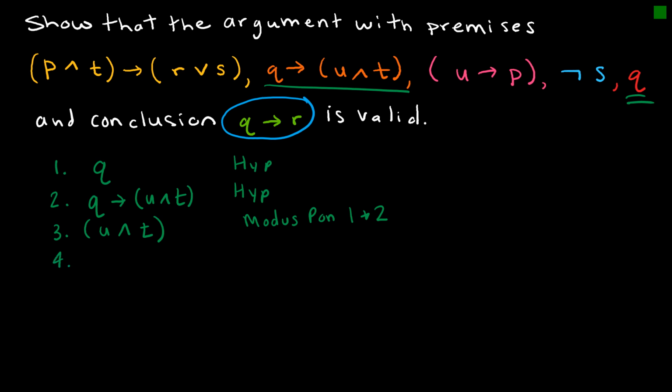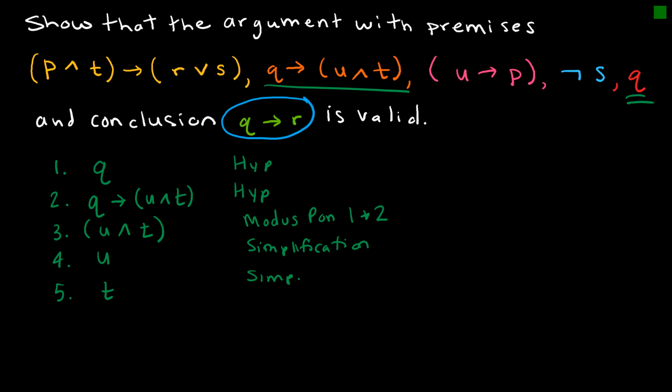I can also say, because U and T is true, therefore U is true, and T is true, and those are both using the simplification rule, and that is for both. So because U and T is true, U is true and T is true.